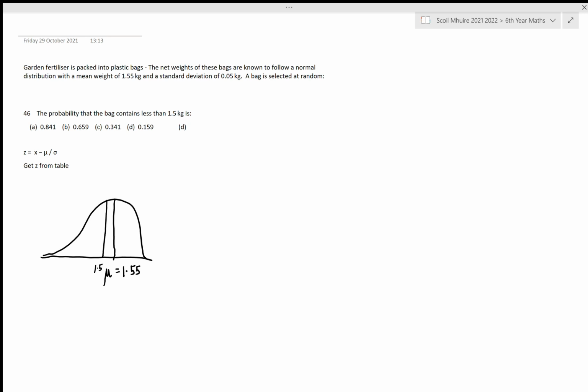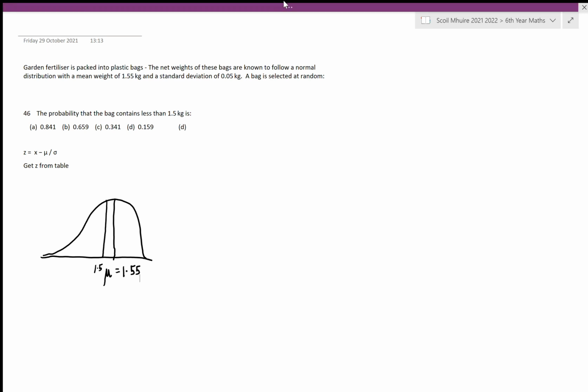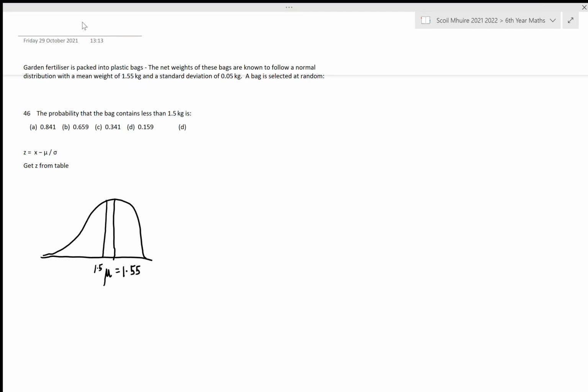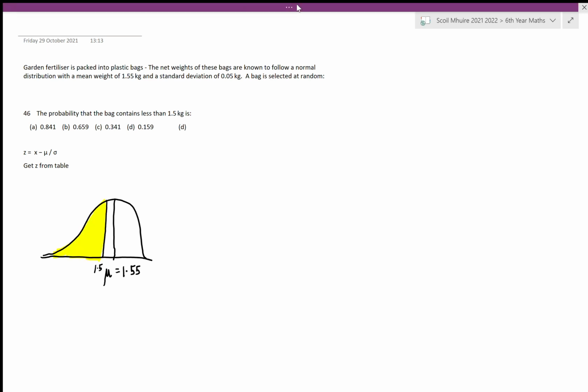So you want to find this area in here. Okay, so you are looking for what is the probability that the bag weighs less than 1.5 kg. So you are looking for this area under the curve.